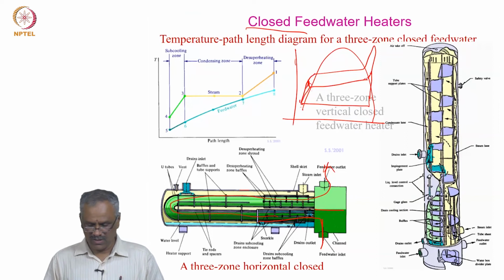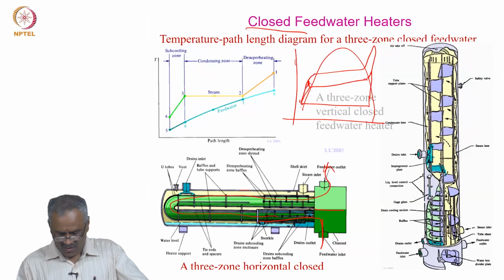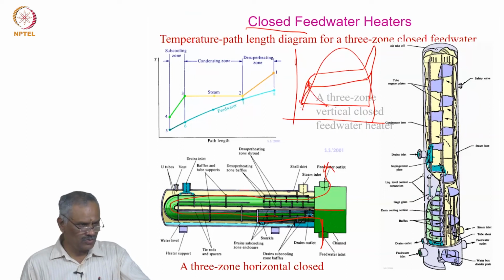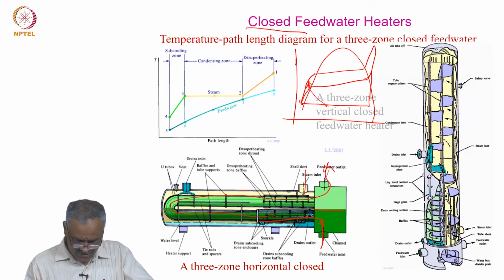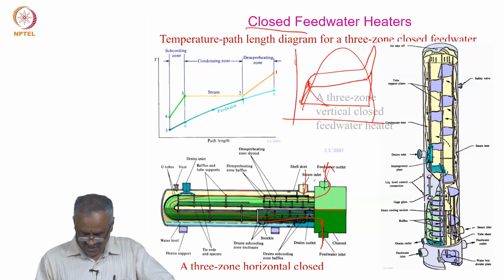I am assuming this is a closed feed water heater. It can be pumped forward, or you can also put it backward. In such a case, the cooling water goes through the tubes, whereas steam comes from here; this is the steam inlet.